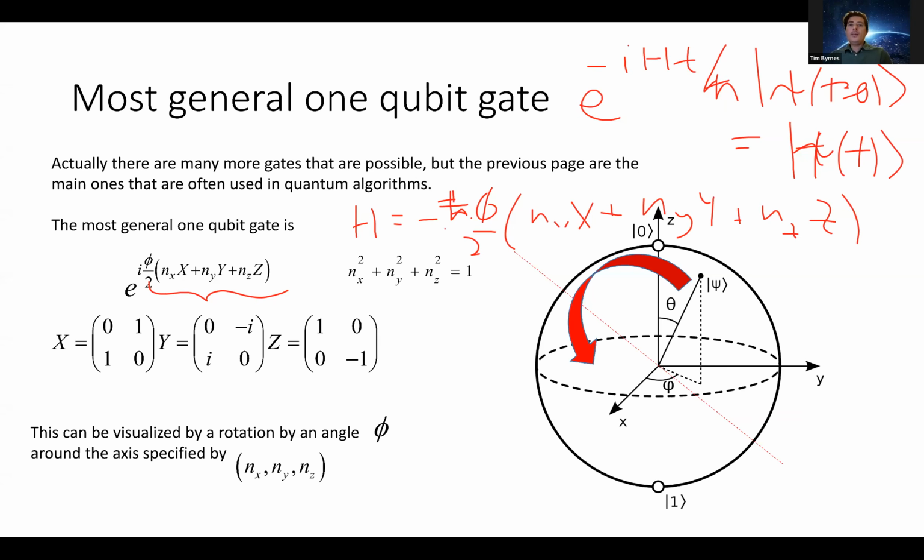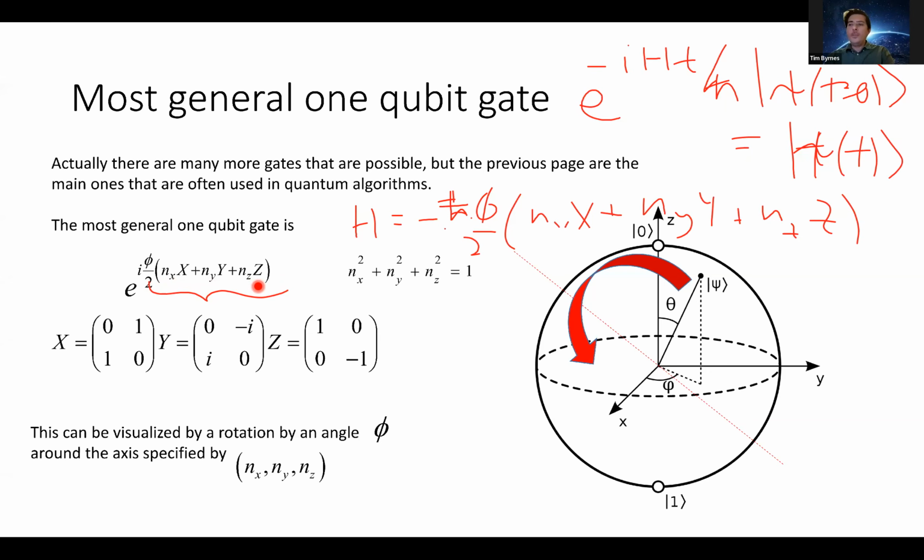Basically, these coefficients here are like some unit vector, and this specifies the axis of rotation around which the state will evolve.